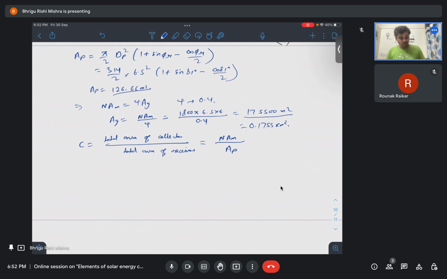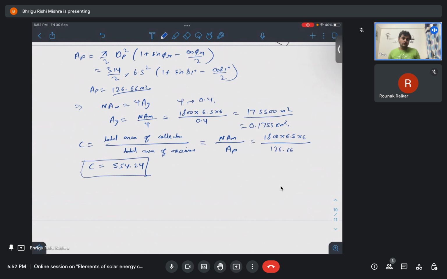So this is 1800 into 6.5 into 6 divided by 126.66, so C is 554.24. This is a very high concentration.